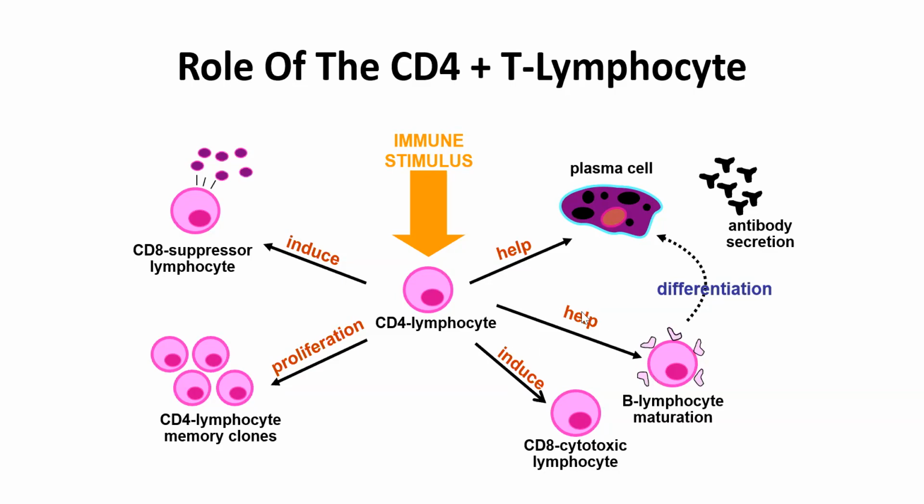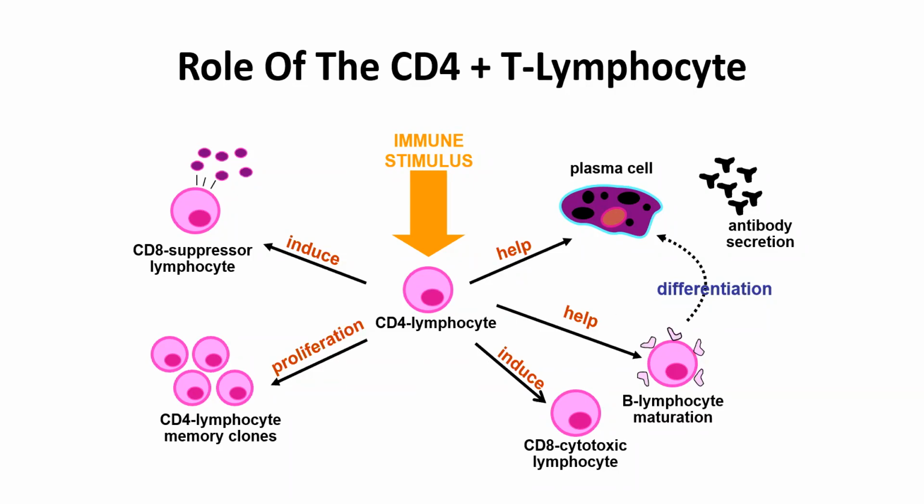For example, for the B cells, it makes sure they mature into plasma cells, which then produce antibodies. To the CD8, it produces stimulus which makes sure they do what they're supposed to do. So this CD4 cell is like a central cell, which has a coordinating role in how other cells of the immune system are supposed to operate or function.